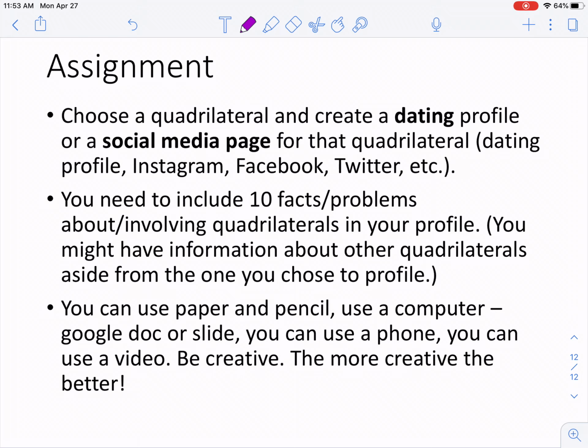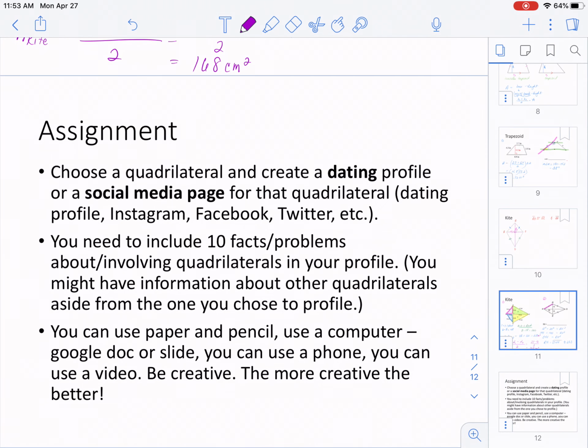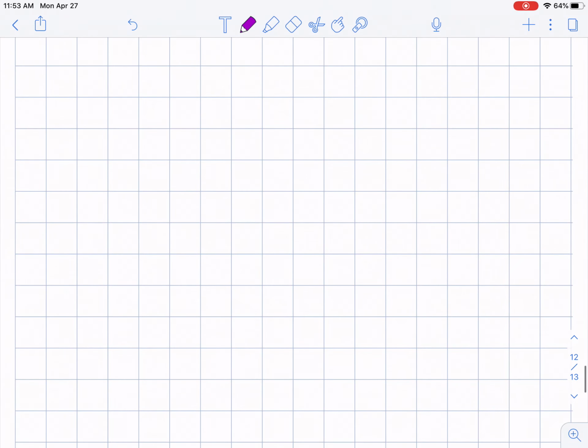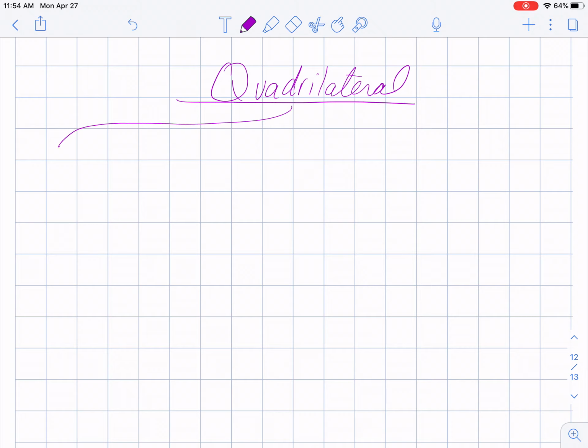What I didn't show you and want to introduce to you is this idea that quadrilaterals kind of have a hierarchy, not really a hierarchy, but they start big. Quadrilateral just means four sides. And within quadrilaterals, we could have some specific things. We could have sides that are parallel, meaning we have parallelograms.